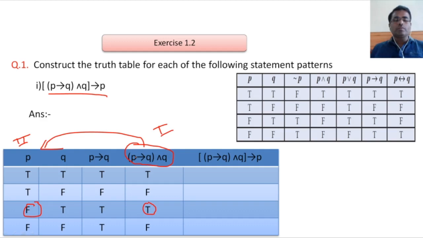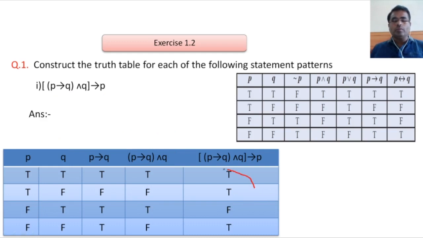So we will observe that for this combination only we get false, and for all others it is true. So we get the values true, true, false, true, and therefore this is neither a tautology nor a contradiction, that is, it is a contingency or contingent statement.